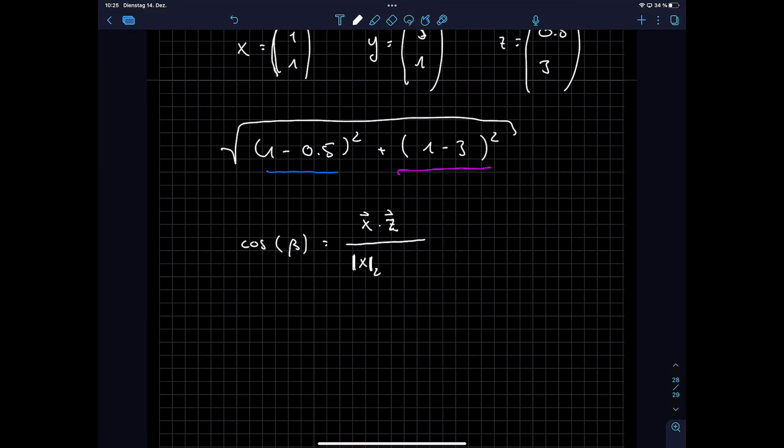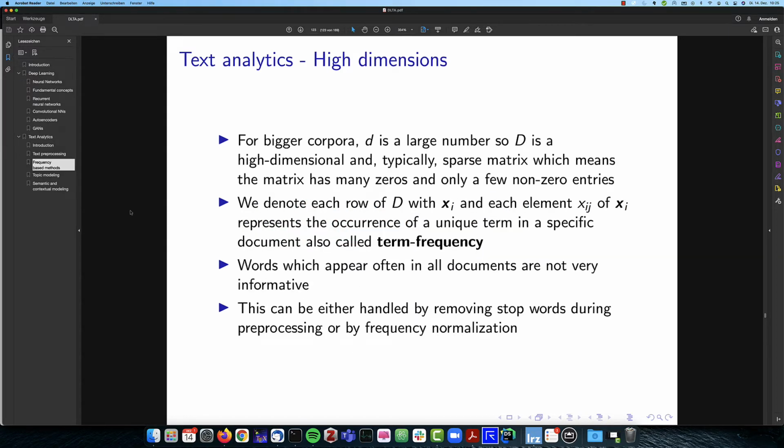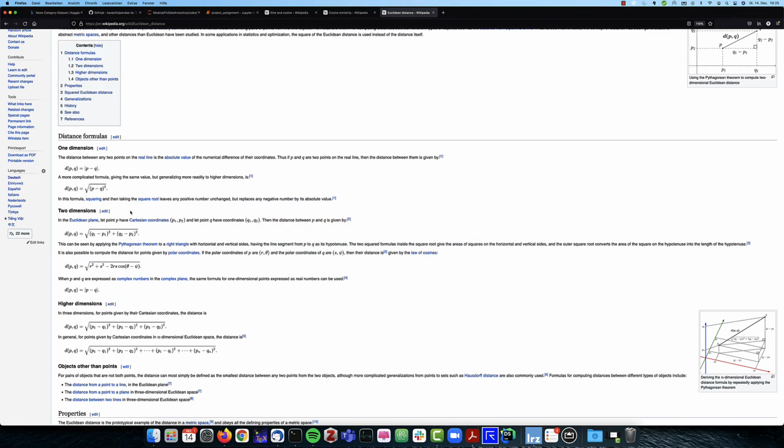I also need to quickly take a look at the formula, not to mess anything up. It's given here in the slides, and also on Wikipedia.